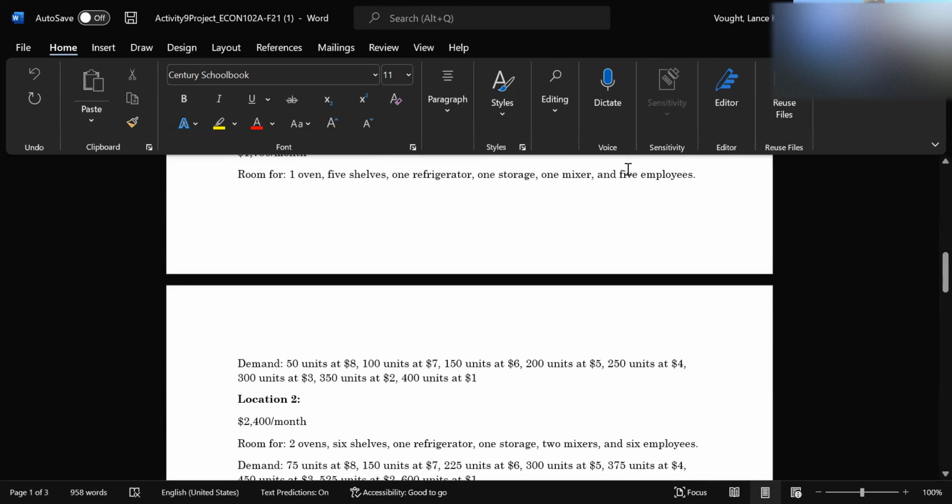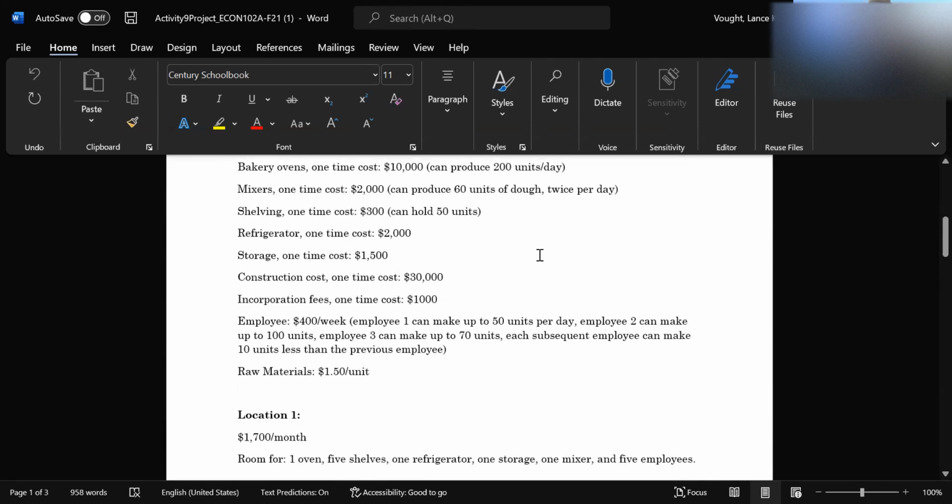Chances are you wouldn't want to hire more than 5 employees because your marginal product of labor is small based on this. So like employee 4 makes 60, employee 5 makes 50, employee 6 makes 40, et cetera. So if you got to employee 9, they wouldn't contribute anything but cost and give you no output.